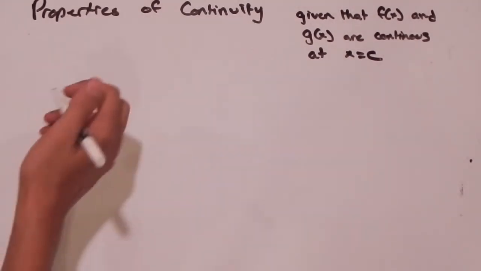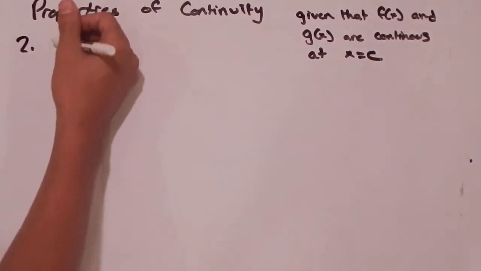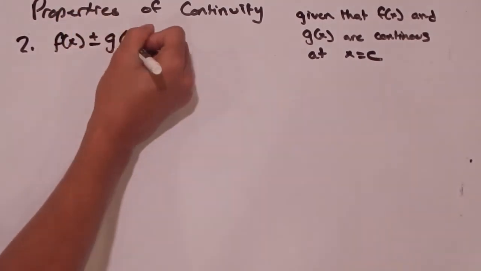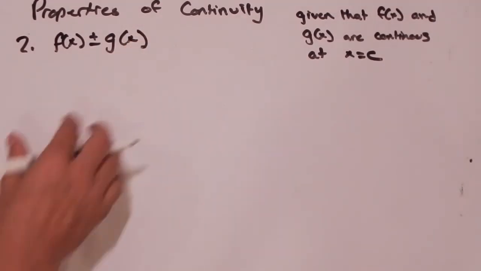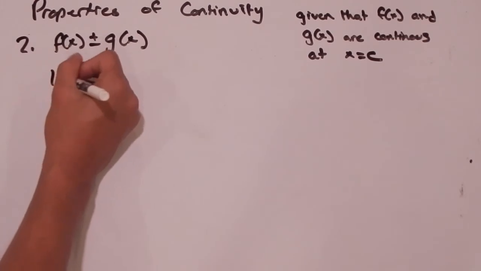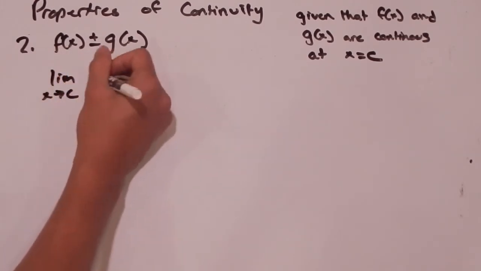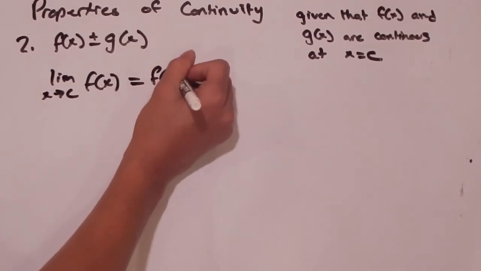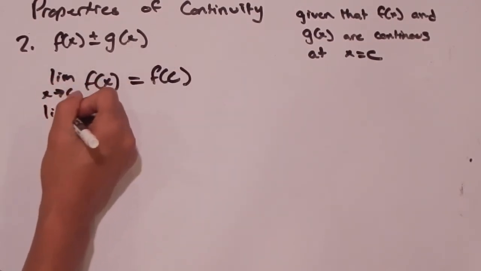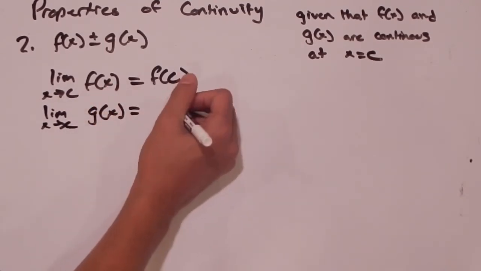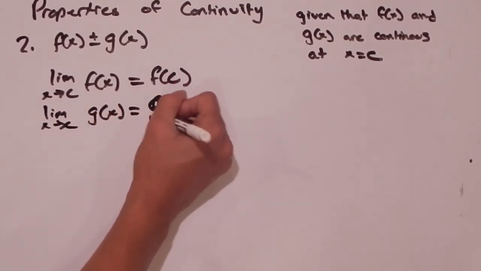Let's go ahead and prove our sum and difference properties. So this is going to be f of x plus or minus g of x. So we know, because f and g of x are continuous at x equals c, that the limit as x approaches c of f of x is equal to f of c, and the limit as x approaches c of g of x is equal to g of c.